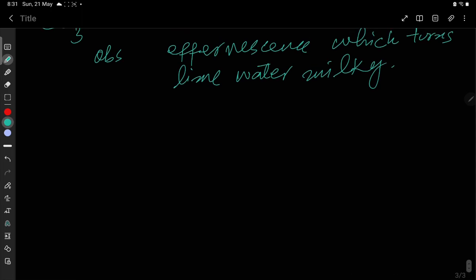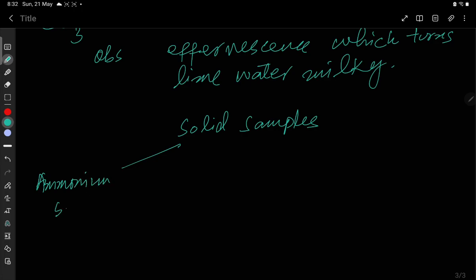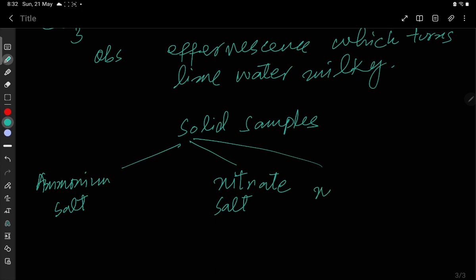If solid samples are given, then solid samples contain ammonium salts, nitrate salt, nitrite, or carbonate.